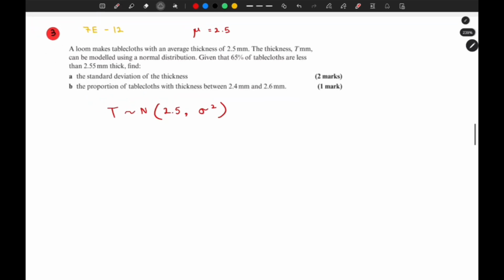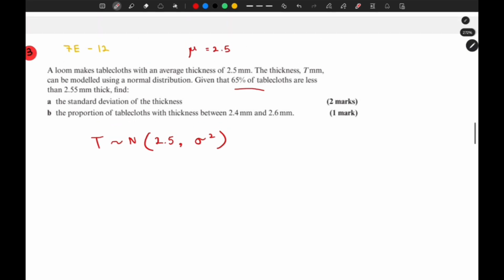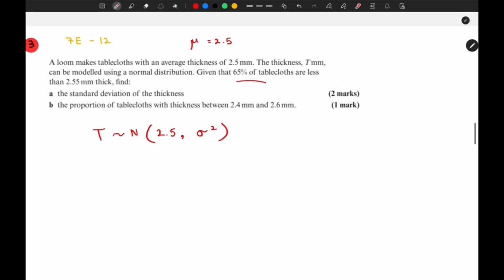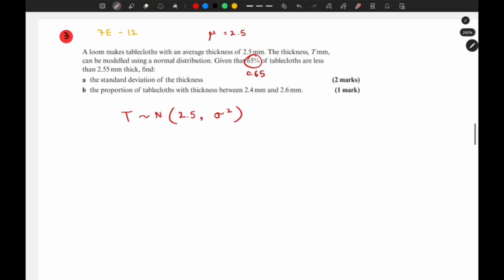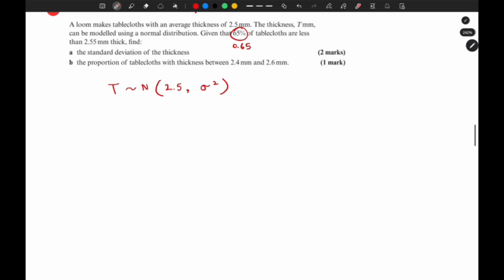Now we have information to work with: given that 65% of the tablecloths are less than 2.5 millimeters thick, the probability of tablecloths being less than that thickness is 65% or 0.65. The percentage is basically your probability.